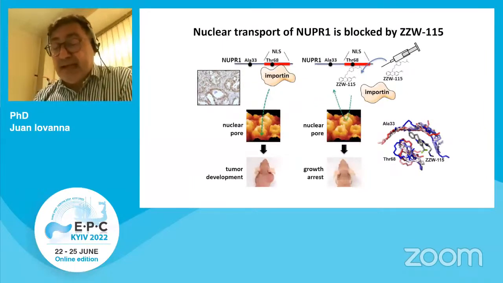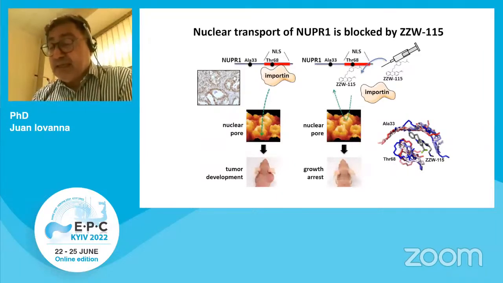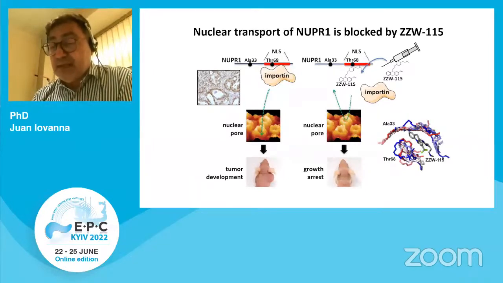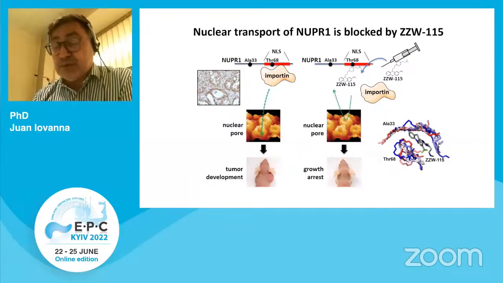NUPER1 has an NLS sequence, NLS for nuclear localization signal, in its C-terminal region. Importins bind to NUPER1 through this sequence, allowing its nuclear translocation and permitting tumor development.